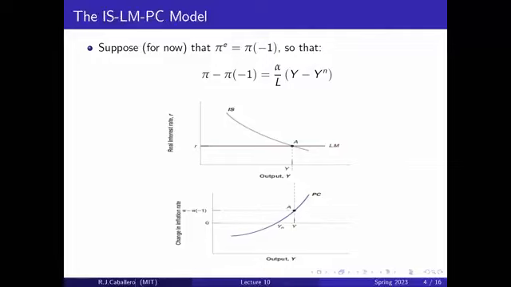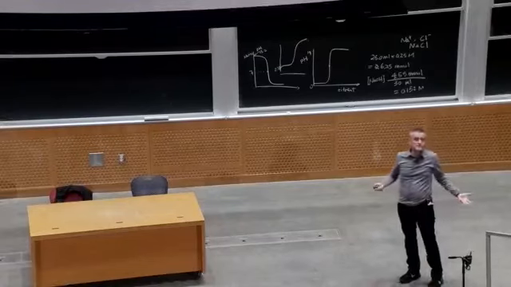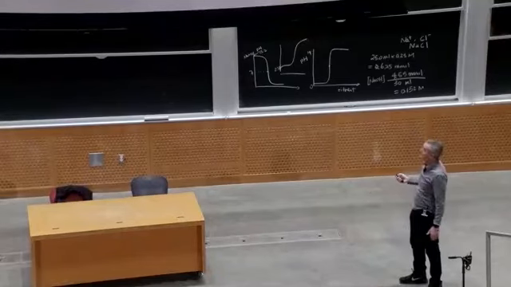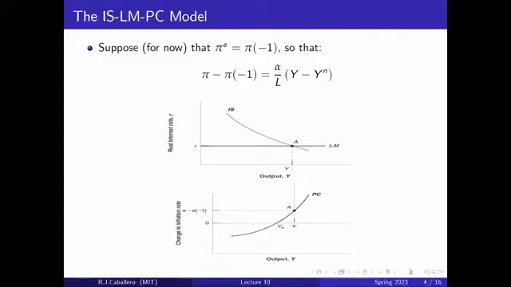You know that because output is above the natural level of output, that means inflation is above expected inflation. If expected inflation happens to be unanchored, equal to pi minus 1, that means that at this output gap there's an inflation that is rising. Okay? Now, inflation rising means the central bank will have to react, and so you'll have to do something up here. You need to bring output down. And how can you bring output down?